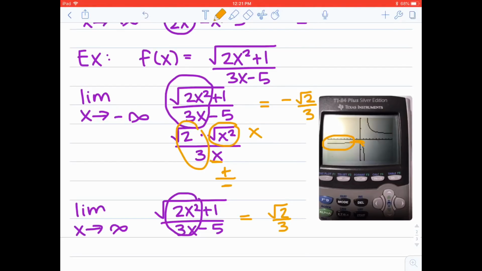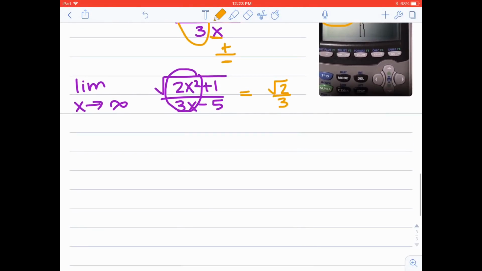There's actually a little maximum, but then it levels off for that horizontal asymptote right there. So as x goes to negative infinity, it's got a negative number for that horizontal asymptote, which we know now is negative root 2 over 3. And as we look at x going to positive infinity, we can see it's going up. It's a positive value there. So we do have two horizontal asymptotes.